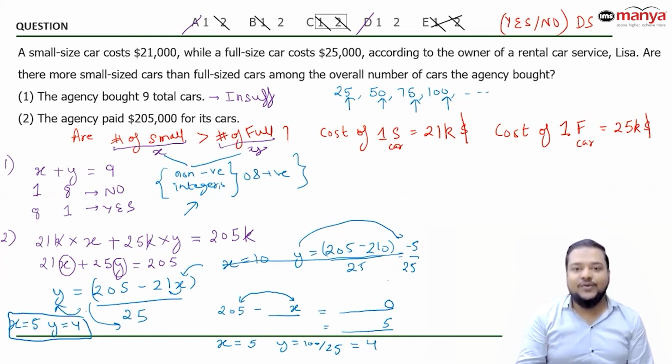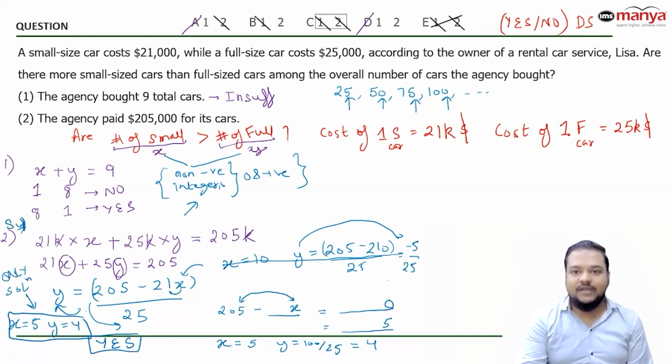Hence, we can conclude that this is the only solution we can get. Hence, we can answer our question, is x greater than y? Yes, x is greater than y, and the answer we are getting is a definite yes. Therefore, statement 2 is sufficient to answer my question. That makes option B correct.